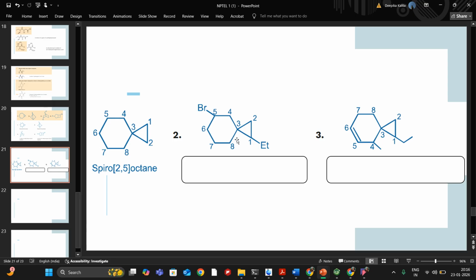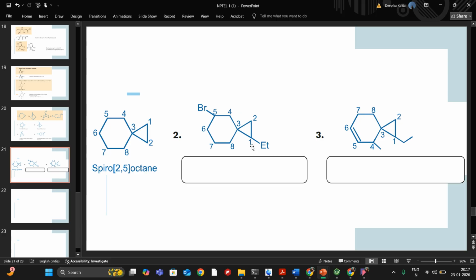Similarly, in the next example, we have 2 rings in a spirocycle fashion, and the total number of carbon atoms is 8 here again. So the parent carbon chain will be an octane, and the substituents will be named in such a way that they get the least numbers possible.